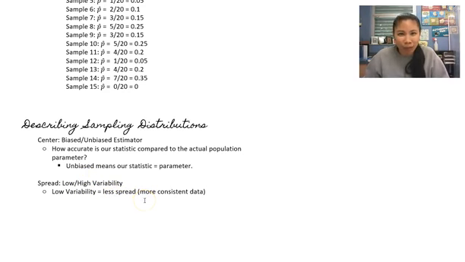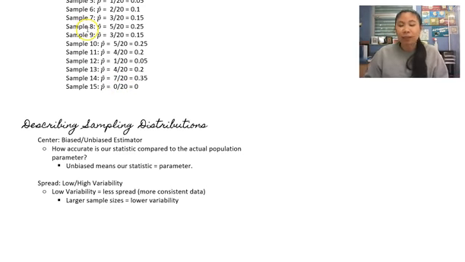That's a better thing because then you have fewer outliers, which is what would affect the spread. High variability means your data is more spread out, with all sorts of craziness happening, at both ends of the spectrum.